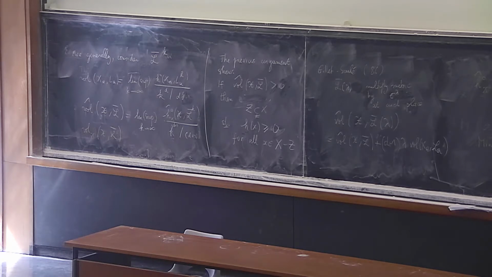I've written this as an equality, but maybe there is some error term. I don't remember whether there is another error term or not. I haven't checked. Do you know, Pascal? There should be an error term.